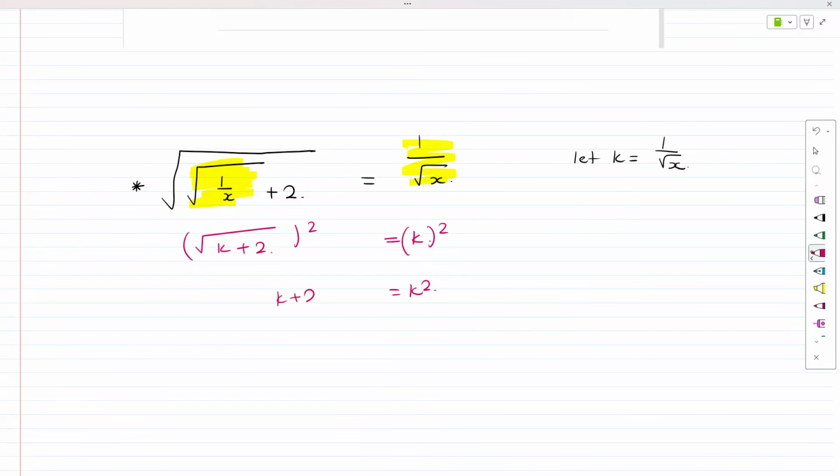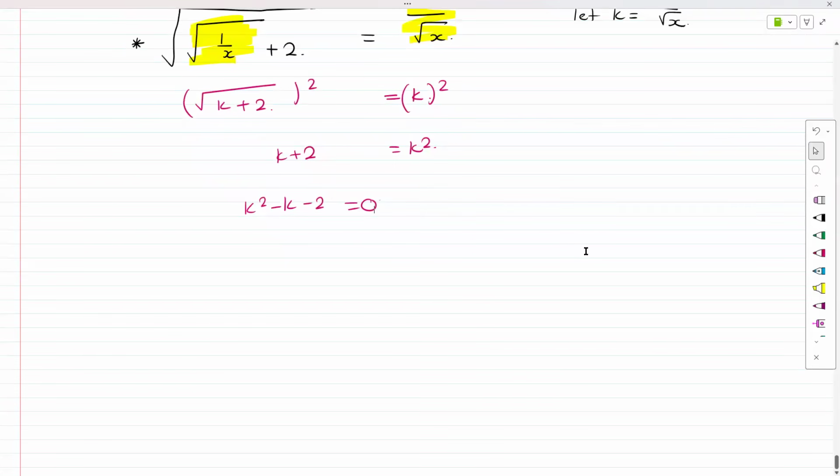Here I end up with k plus 2. And if I solve it, I get k squared minus k minus 2 equals to 0. If I factorize this with the minus b formula, or if I solve for k, I'm going to end up with k equals to 2, or k equals to minus 1.